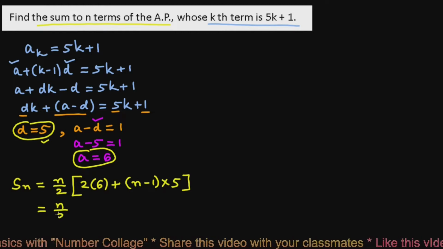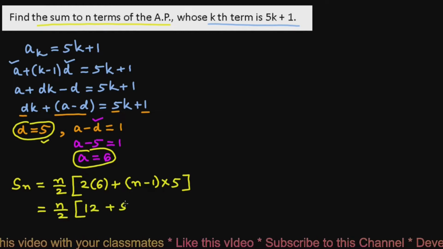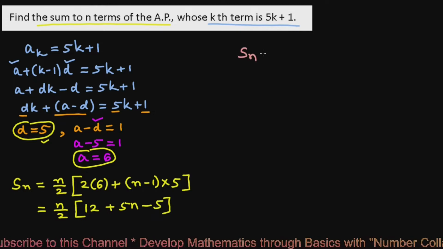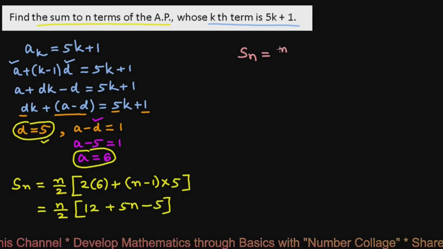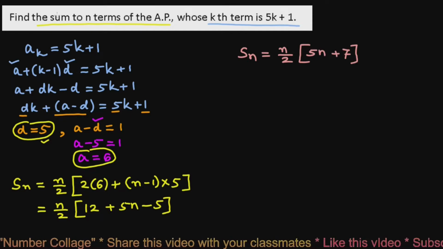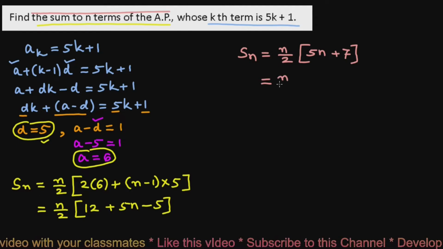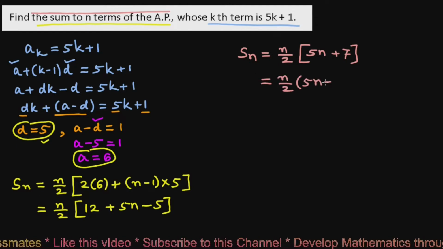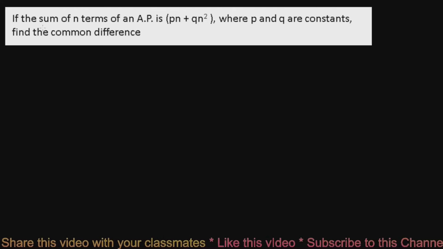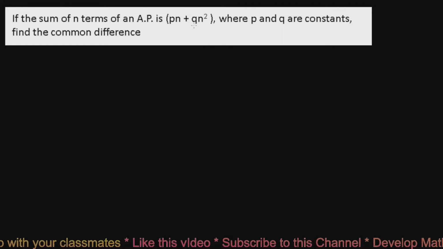That will be n by 2 into (12 plus 5n minus 5). So Sn will be n by 2 into (5n plus 7). Therefore the sum of n terms of the AP will be n by 2 into (5n plus 7).